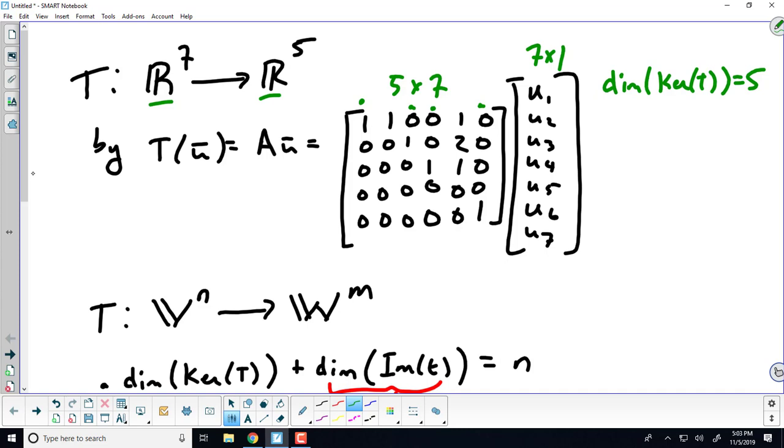That should be 4, right? 1, 2, 3, 4. Yep. The dimension of the kernel of T is 4, and if we count up the remaining vectors, did I do it again? 1, 2, 3, 4, 5, 6.